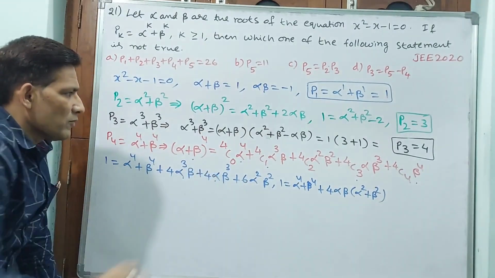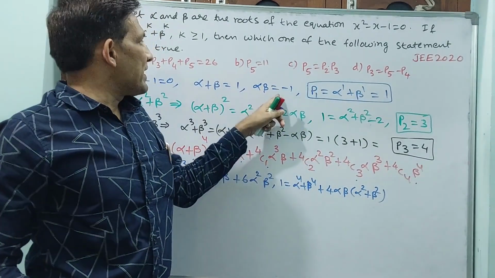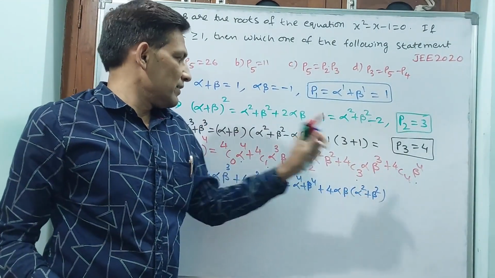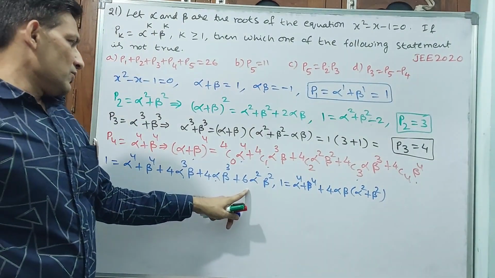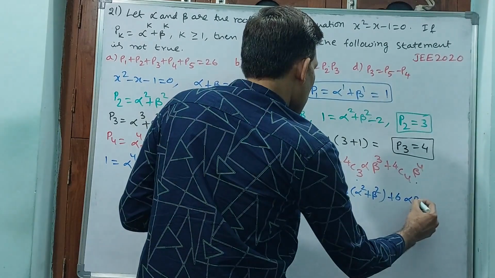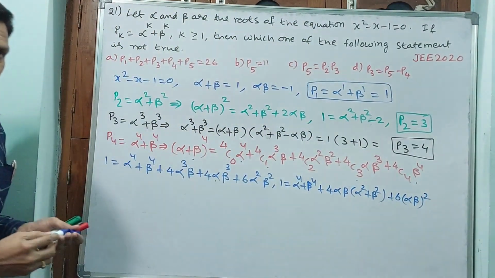Why? Because alpha beta value you know is minus 1, alpha square plus beta square value you know is 3. Here you need not do anything. Plus 6 into alpha beta whole square, alpha square beta square, like that also I can write.